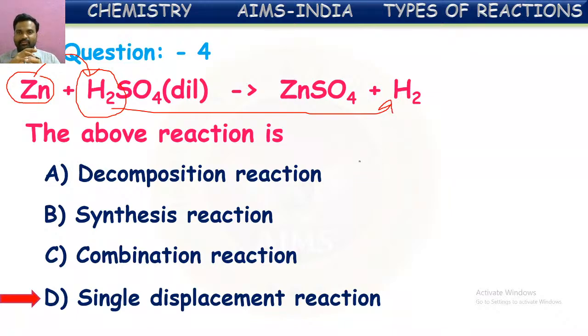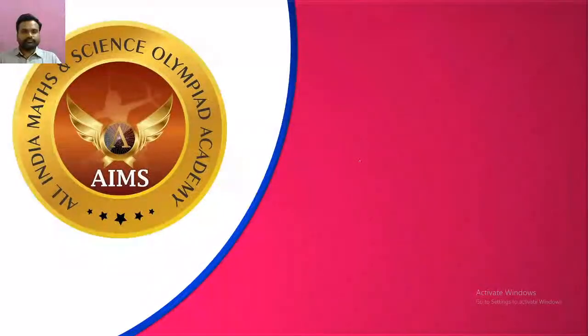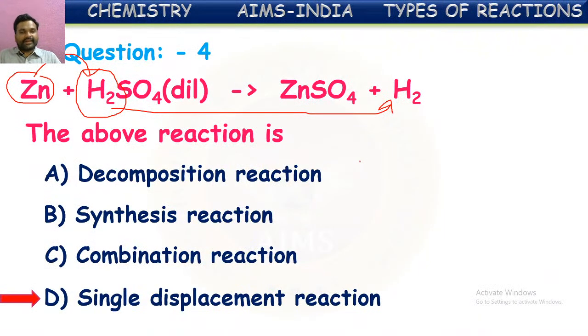So a more reactive element is displacing the less reactive element hydrogen from its compound. So a new compound is formed. This reaction is called a displacement reaction, also called a single displacement reaction. So D is the correct answer.